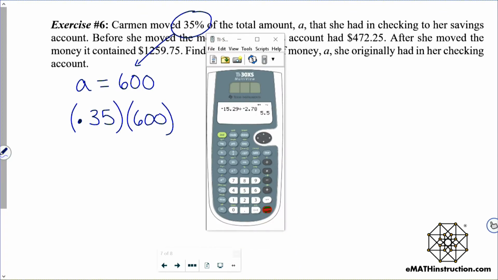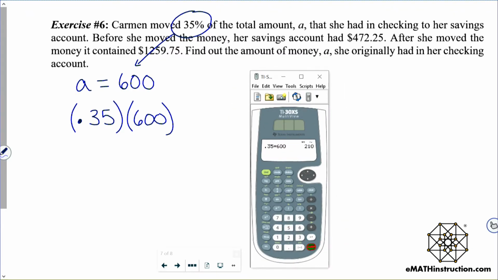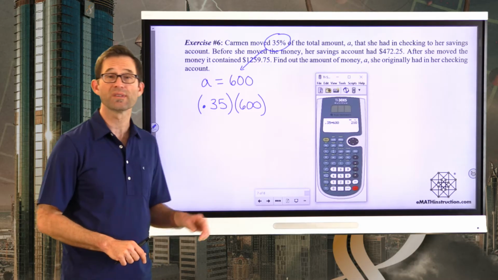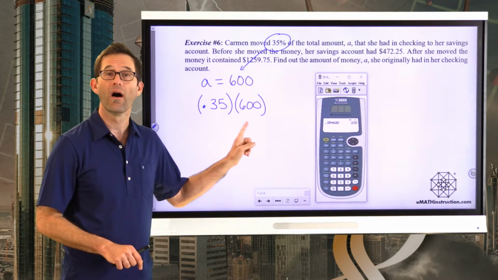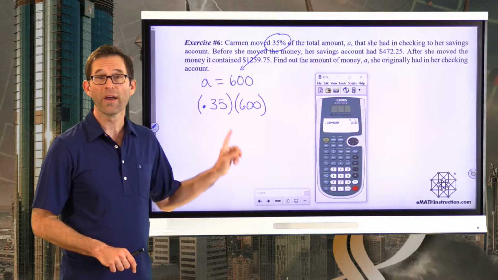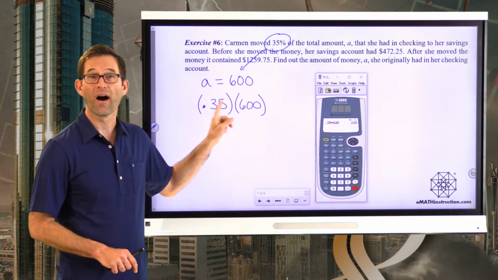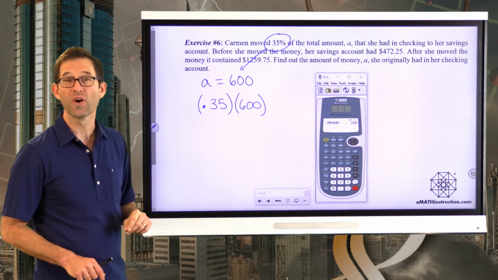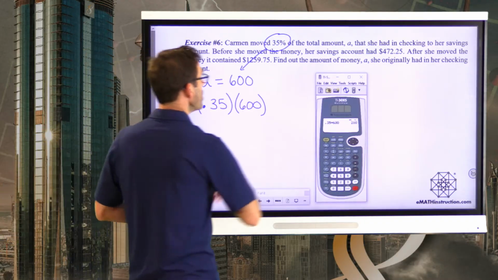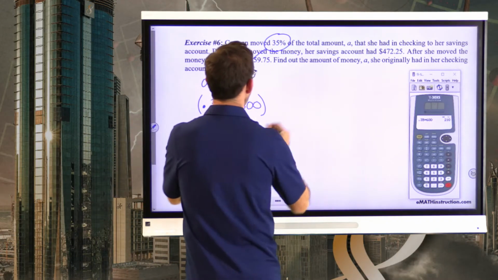And in fact, if we did that on our calculator, 0.35 times 600, that would give us $210. Nope, that wasn't it, right? But that's okay. I didn't really want it to be it. What I wanted to review was how we find 35% of the total amount. Now, I don't want 600 in here. I want A, because that's what I don't know, right? So my model is going to be the following.